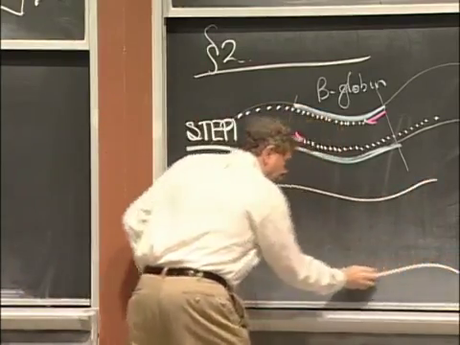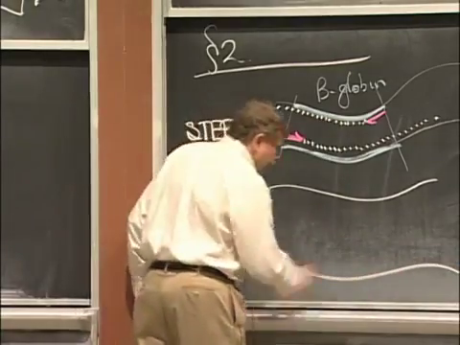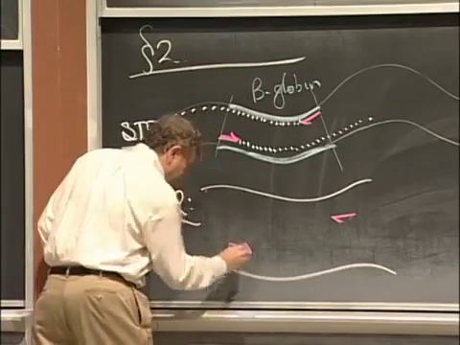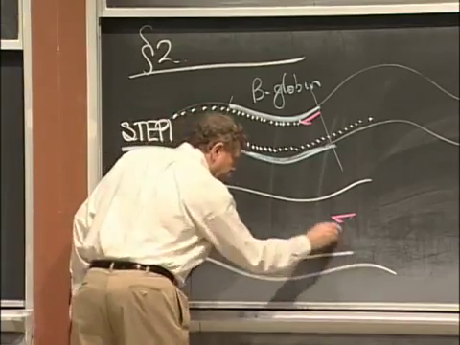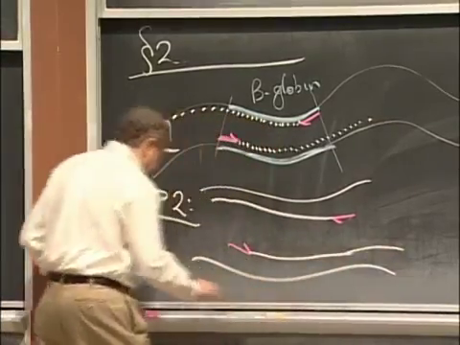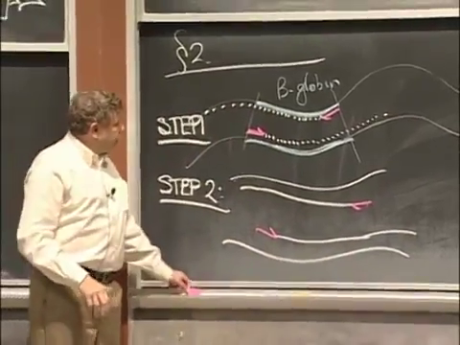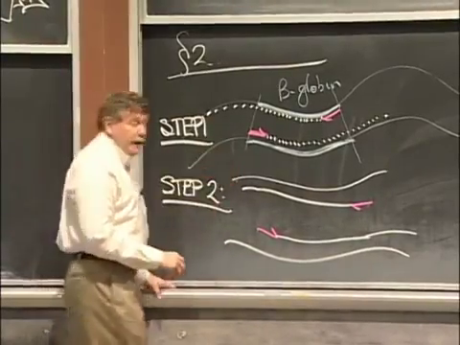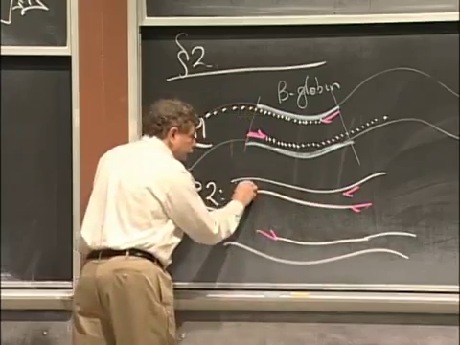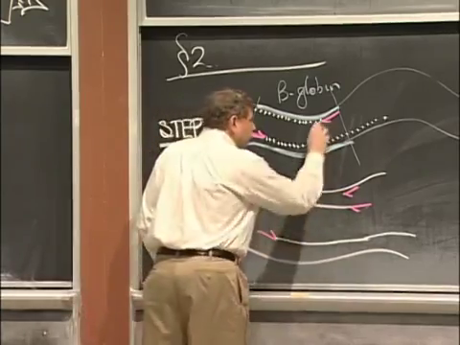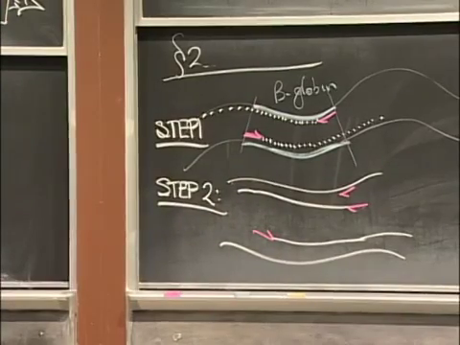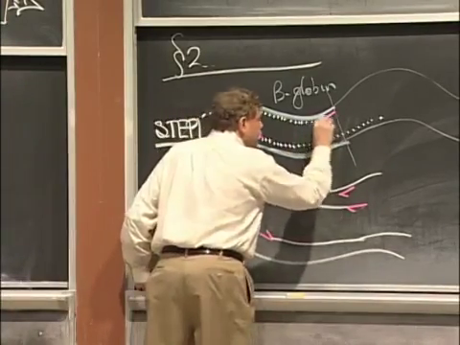So let me melt the DNA and now throw back my primer. Actually, if you'll allow me, I'm going to make the 2 primers different colors. Let's make that one a different color.